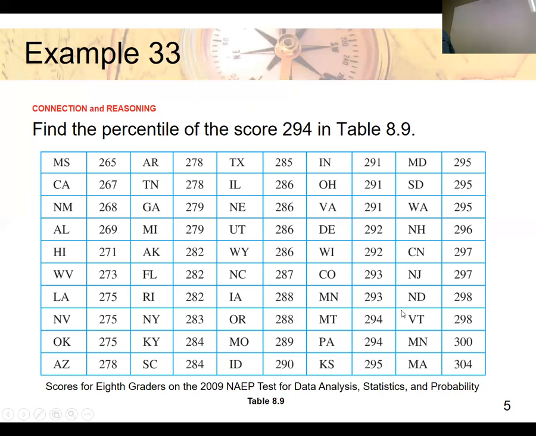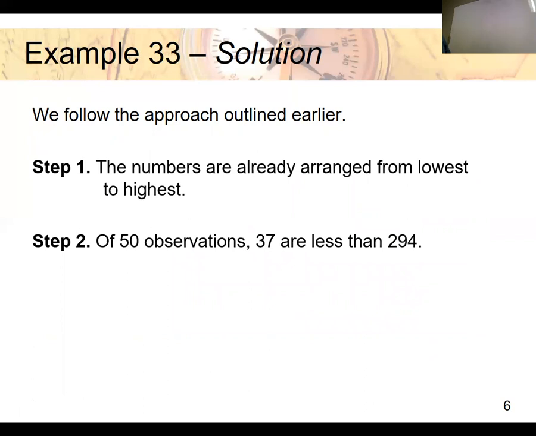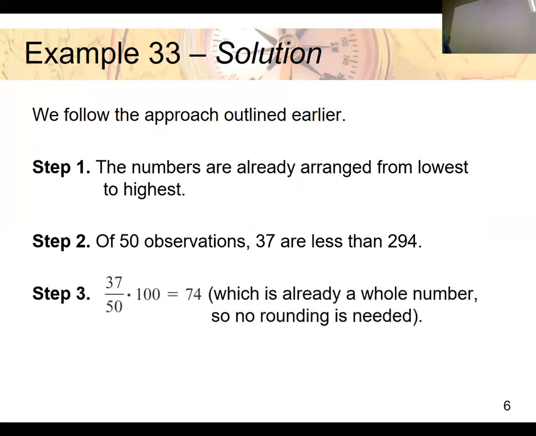So we have 37 observations that are less than 294. So the number of observations less than 294, that's 37, divided by the total number of observations, 50, times 100.